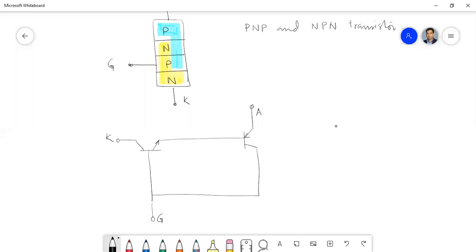This is transistor 1, which is a PNP transistor, and this is transistor 2, which is an NPN transistor.